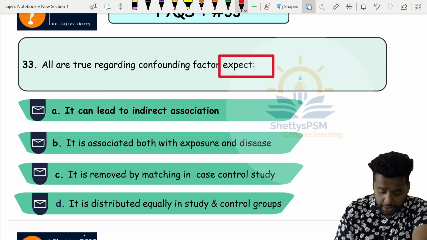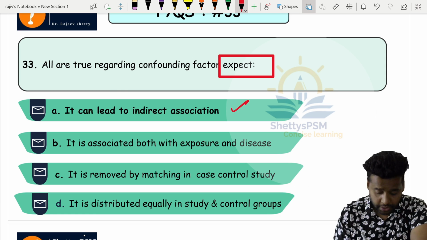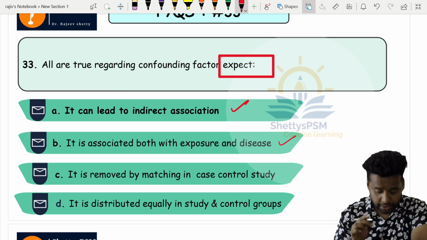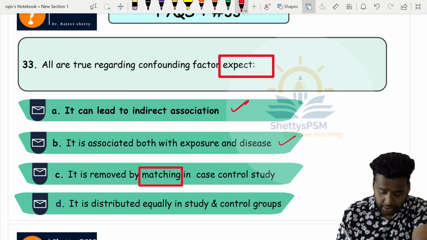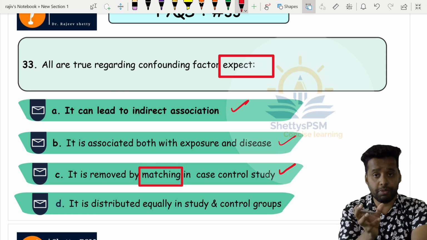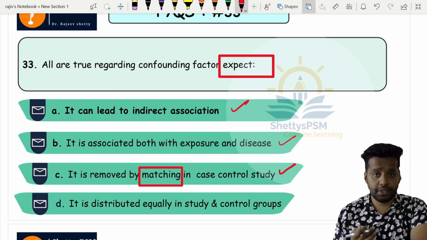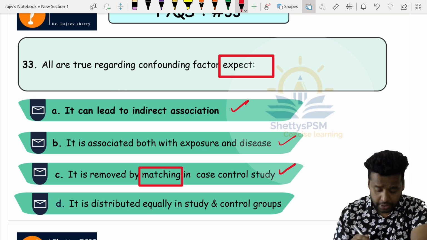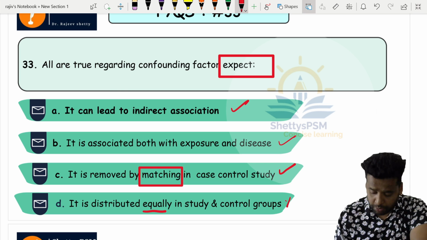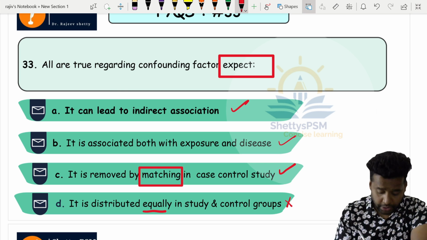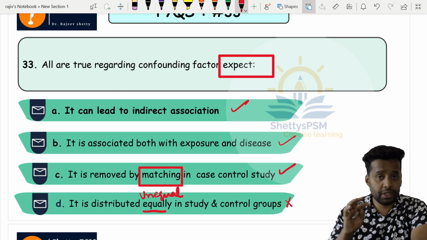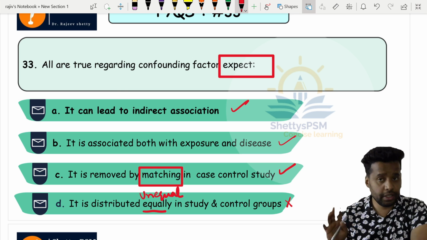The next question: all of the following are true regarding confounding factor except. It leads to indirect association. Yes, what we have seen, both exposure and disease have some association. It is removed by matching in a case control study. Yes, correct. Controls will be selected similar to cases with respect to those confounding factors. It is distributed equally in both study and control groups. No, there is unequal distribution. That is why it will distort and alter the association.